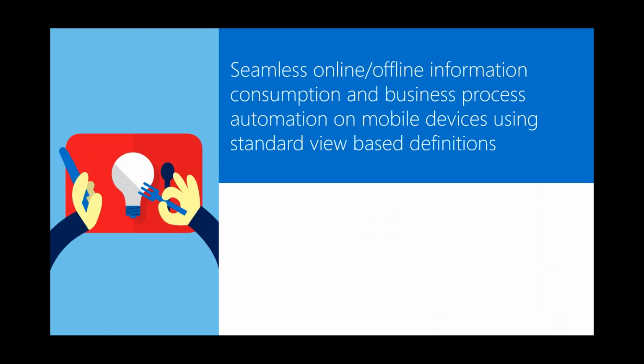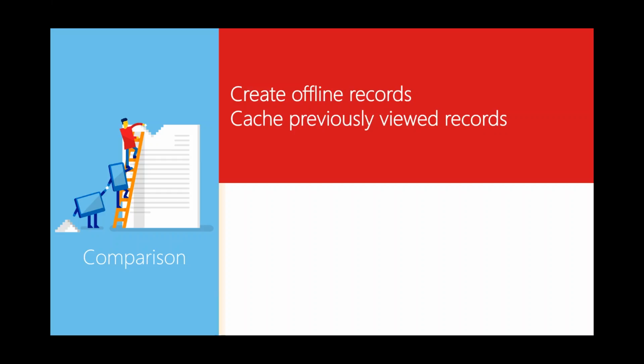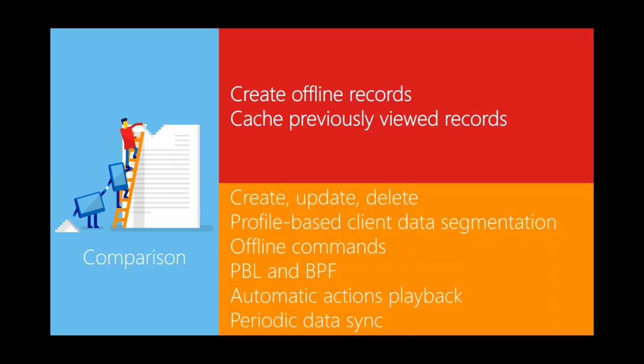We now have full offline access, and we're not limited to those records that were cached on the device before. So we can now perform typical create, update, and delete commands against records offline on the mobile clients, and your data will be synchronized the next time that you connect back up to Microsoft Dynamics CRM.